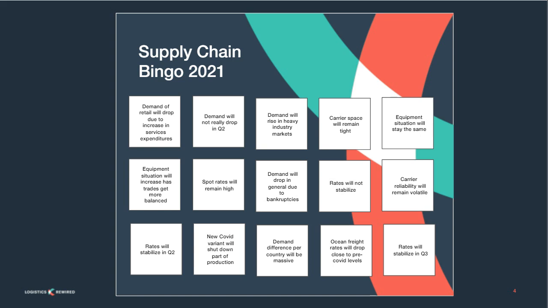Carrier space will remain tight. Rates will not really stabilize in the next quarter. Rates will stabilize, right? Ocean freight rates will drop close to pre-COVID levels. Carrier reliability will remain volatile, and many, many more here. So with so many uncertainties ahead of us, it's again extremely important that building a resilient supply chain be at the top of your list.